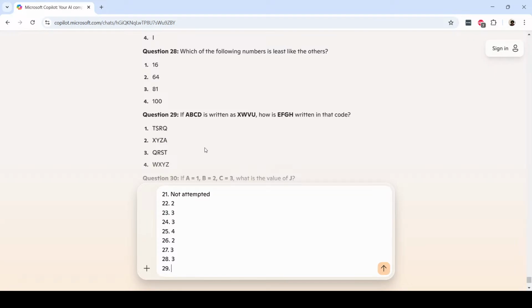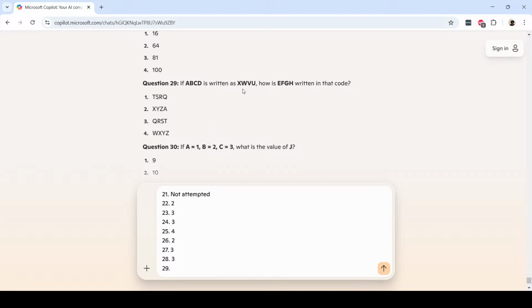If A, B, C, D is written as, okay, again it came, but with a slightly different notation. Coding is different. So A, B, C, D is X, W, V, U. So X, W, V, U. Okay, so something like in the previous two. So E, F, G, H. B, A, Z, Y. Nope.